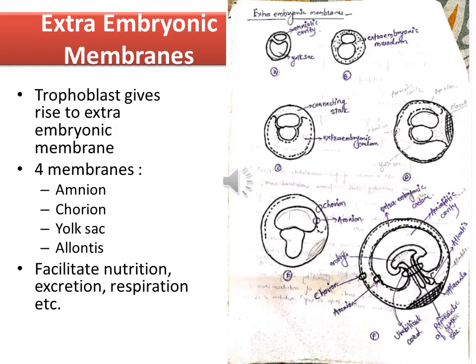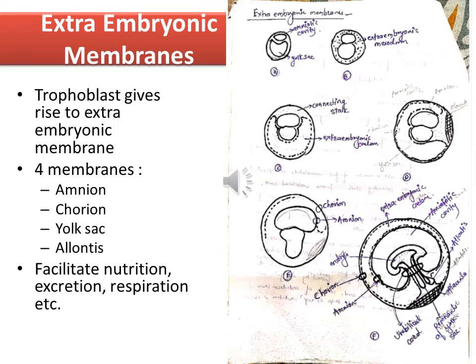So there are 4 extra embryonic membranes. Extra means located outside the embryo, namely amnion, chorion, yolk sac and allantois. So these are the 4 extra embryonic membranes. They perform several functions, like they facilitate nutrition, excretion, respiration, etc. Now here I have given a diagrammatic representation of how these layers are formed.